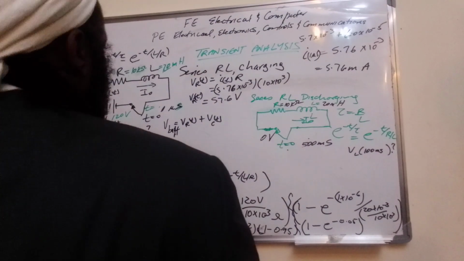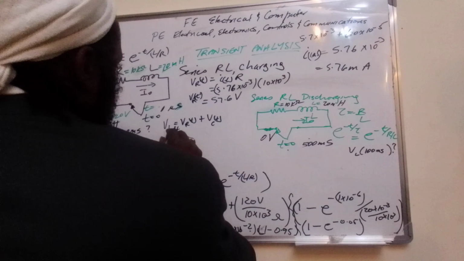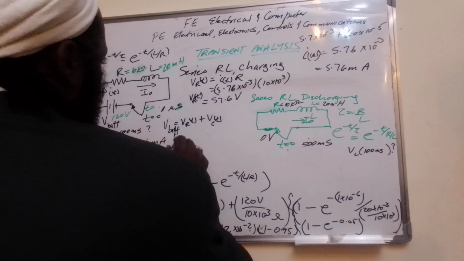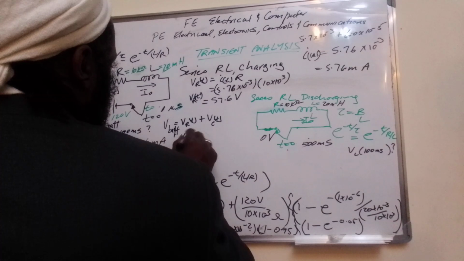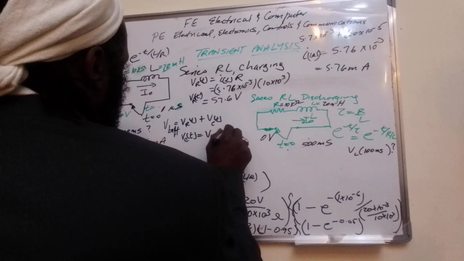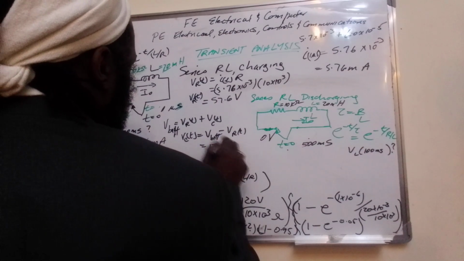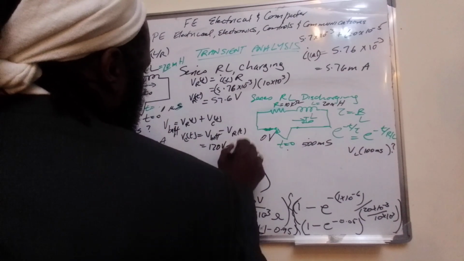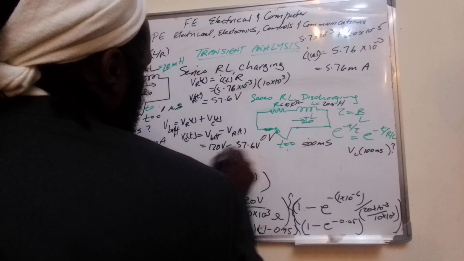What about across the inductor? Well, since the total voltage, right, V battery equals VR plus VL, then V battery is 120 volts. That means V sub L at that time will be equal to V battery minus VR. So V battery is 120 volts minus VR at that time of 1 microsecond, which is 57.6 volts.